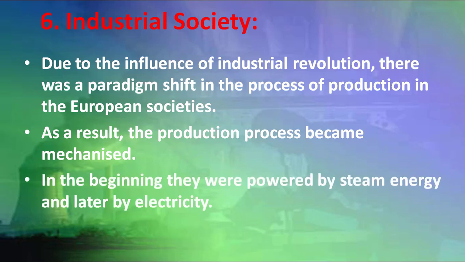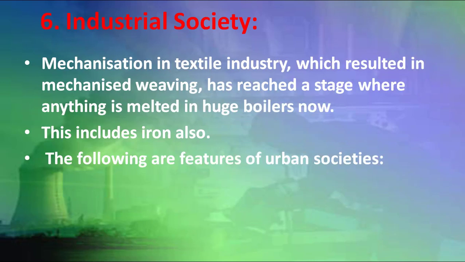In the beginning, machines were powered by steam engines and later by electricity. Mechanization in the textile industry resulted in mechanized weaving. Industry has reached a stage where anything is melted in huge boilers now. This includes iron also.